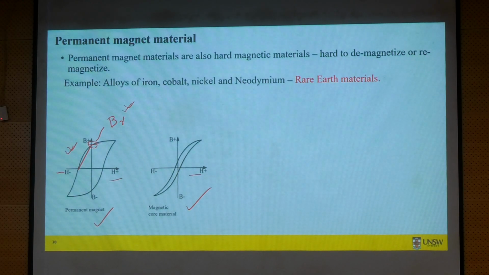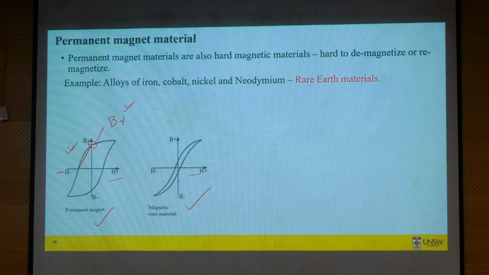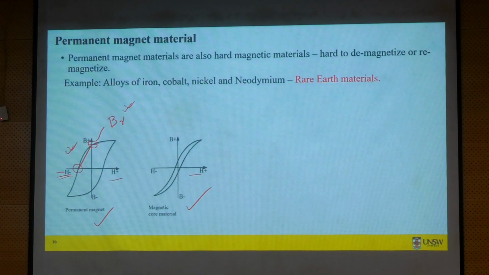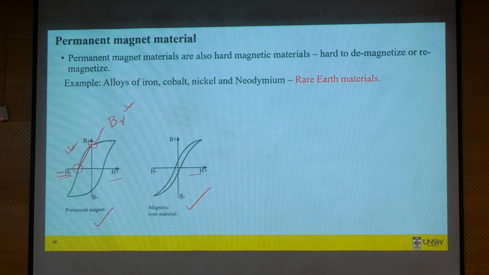We'll discuss the temperature a little bit later. Now if we start applying a negative H, it will start to demagnetize. But it will need a very, very large value of negative H to completely demagnetize. So once the magnet is magnetized, it is very difficult to demagnetize. That's why we call it a permanent magnet, right?